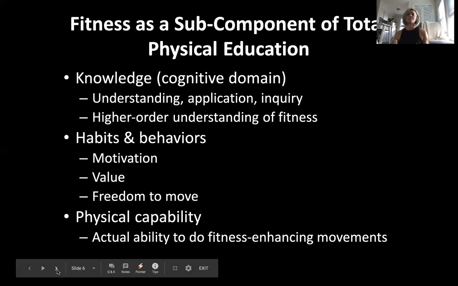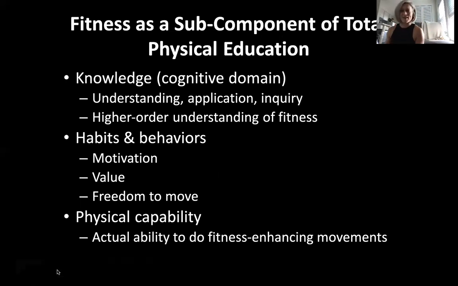All right, so with that said, we're looking at it as a subcomponent. So we know we're trying to increase knowledge. So that's through understanding, application, activities, labs, inquiry, questions, assessments, hoping to get our students a higher order understanding of what fitness is. And one nice thing is that this framework or this content map does have outcomes that relate to those higher order thinking and higher levels of understanding.